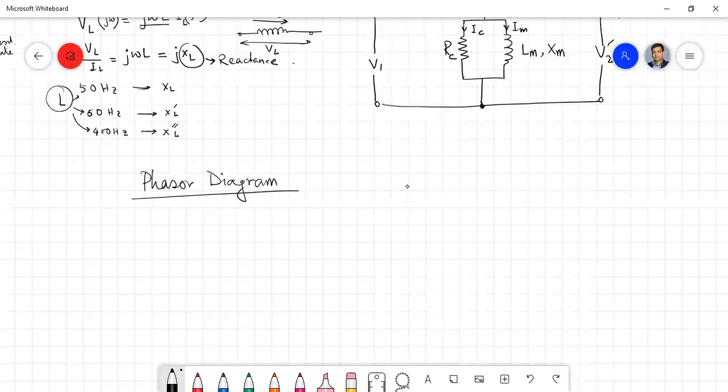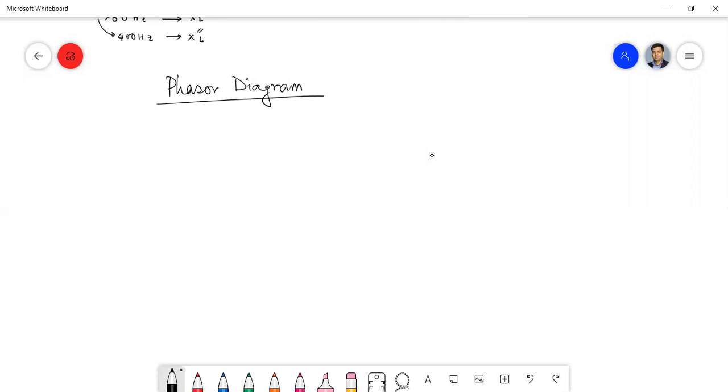Suppose, let us brief now how many equations we have studied so far. We have two KVL equations, two KCL equations.